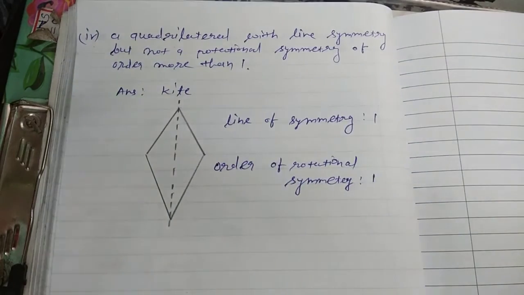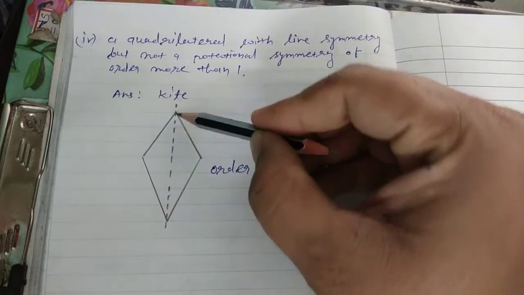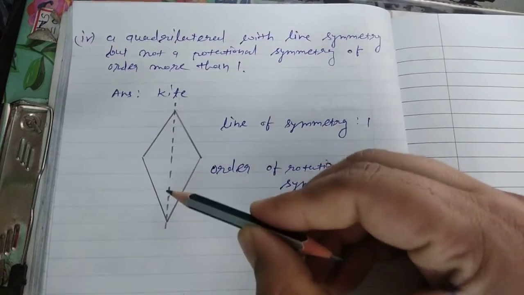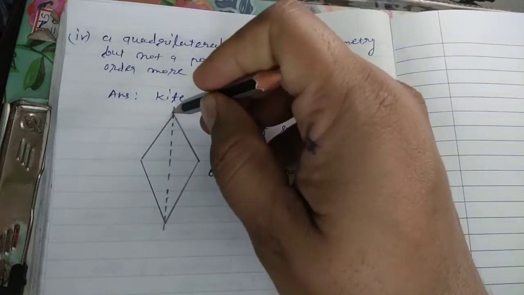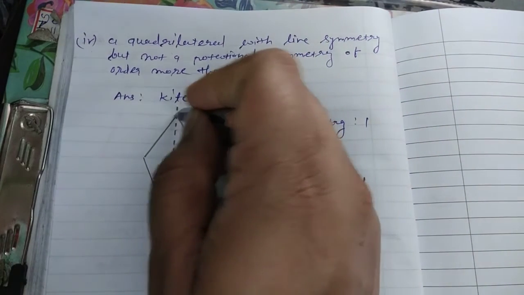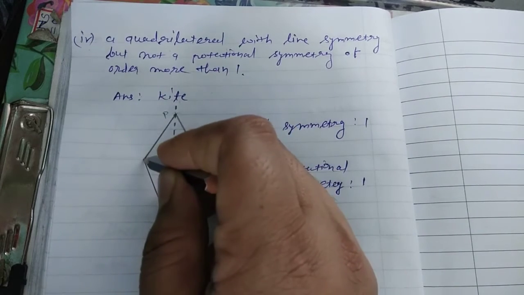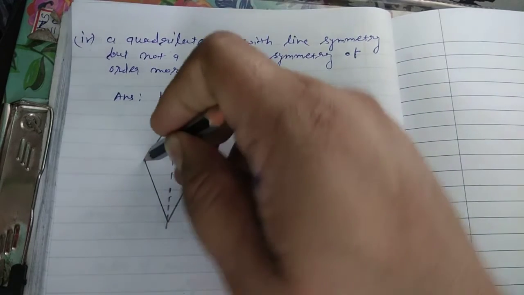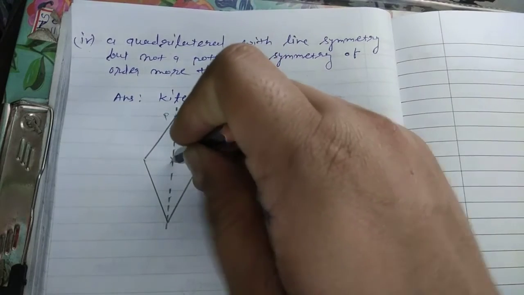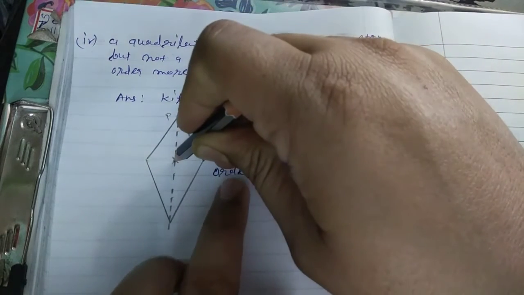And this is nothing but a kite. A kite is a quadrilateral. It has one line of symmetry, that is this line, and the order of rotation is only 1. If we move this kite in an anti-clockwise direction, taking this point as P, and move it in such a way that this P comes here, this is the center of rotation, and from that point we rotate this kite shape.